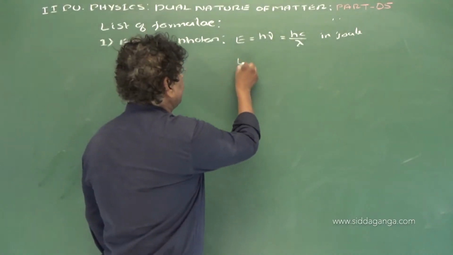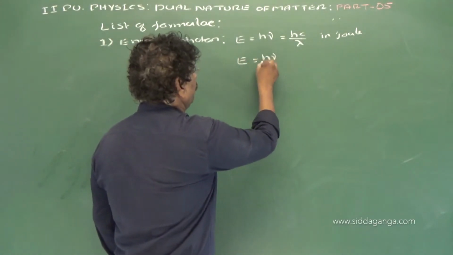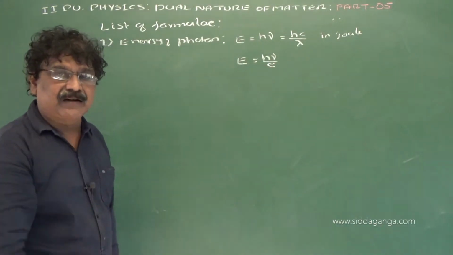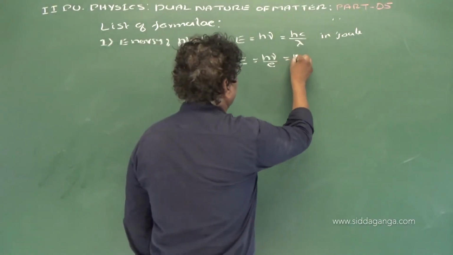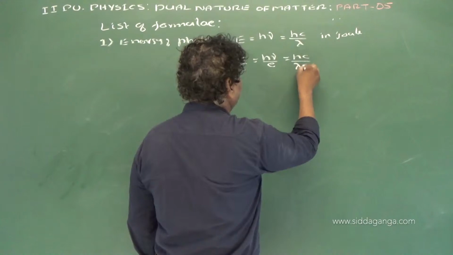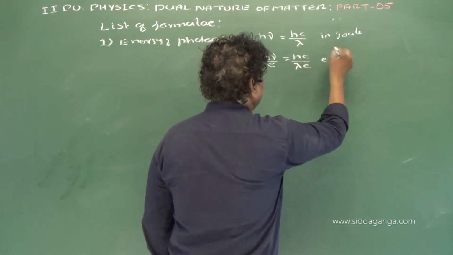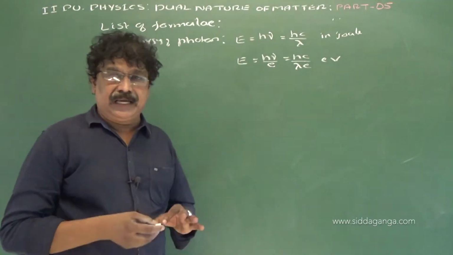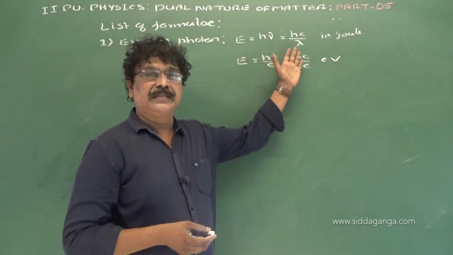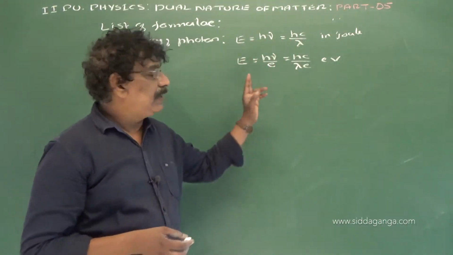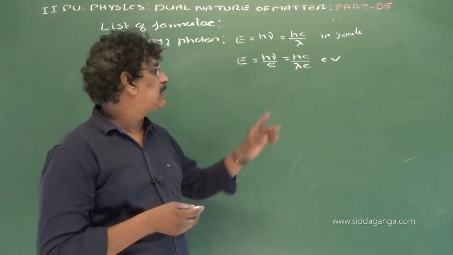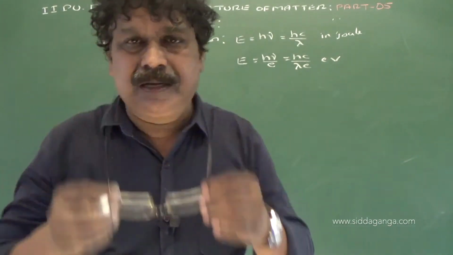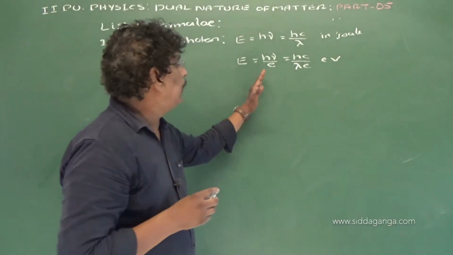To convert joule into electron volt, E is equal to h nu by e, or hc by lambda e in electron volt. If we need energy in joule, that is h nu or hc by lambda, or to calculate energy in electron volt, just divide by e, that is 1.6 into 10 power minus 19.